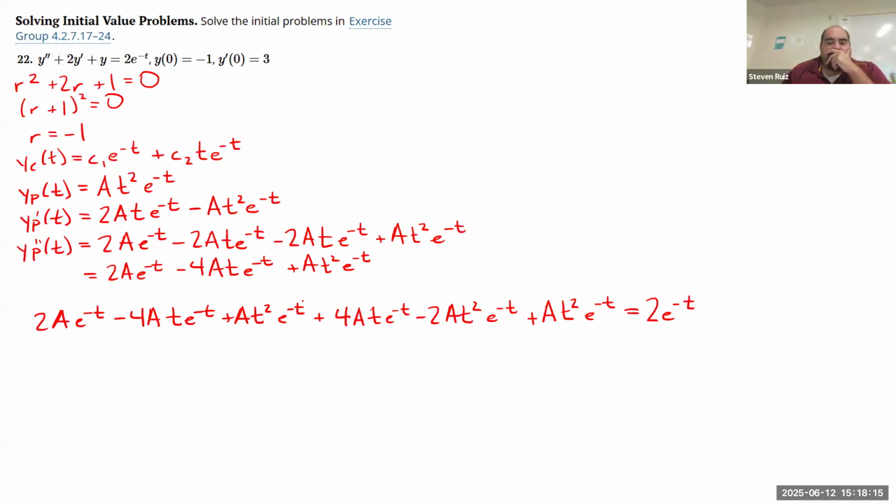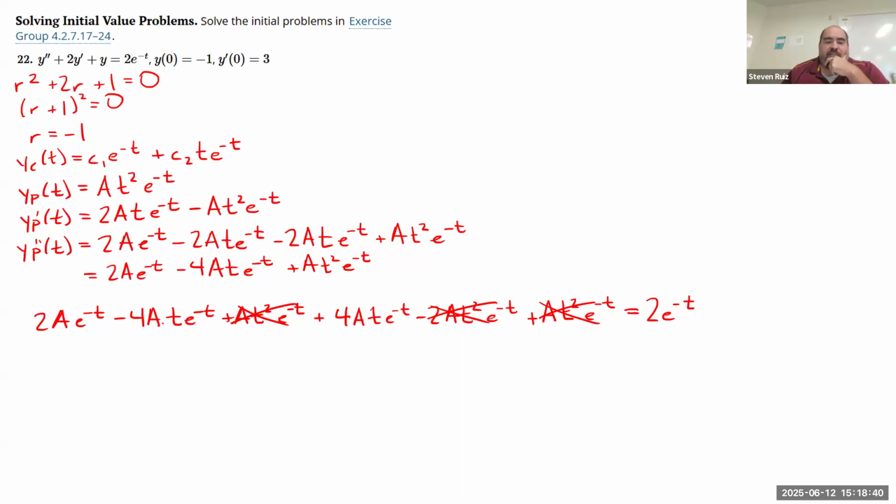All right, so do I get anything that simplifies here? Let me look at my t squared terms. I have at squared e to the negative t, negative 2at squared e to the negative t, and another positive. So I think all three of those annihilate each other.